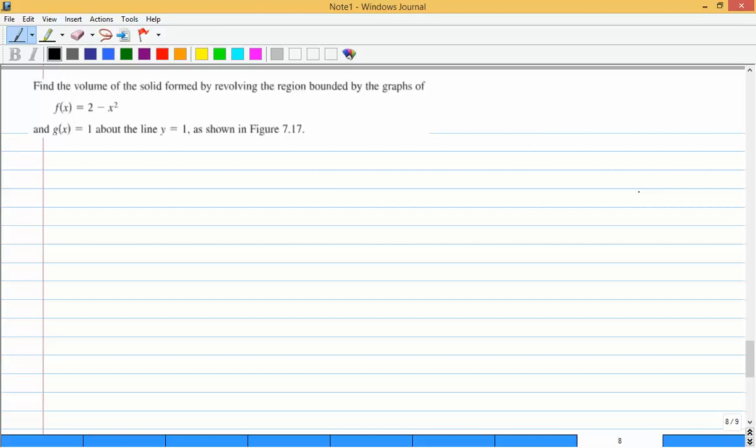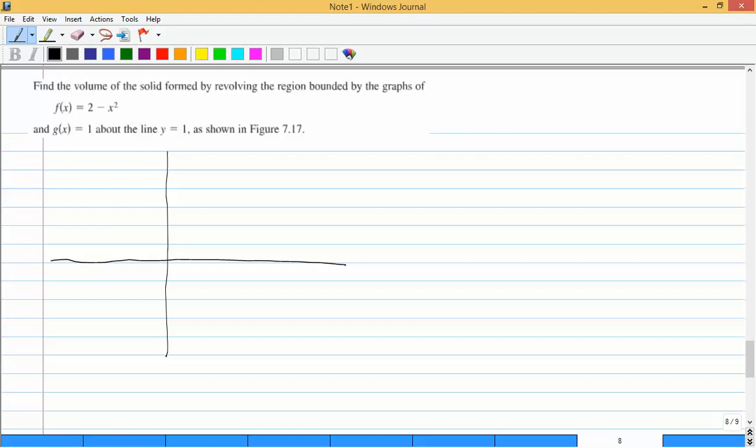It says, find the volume of the solid formed by revolving the region bounded by the graphs of f of x equals 2 minus x squared, g of x equals 1, and y equals 1. Oh, I'm sorry, about the line y equals 1.